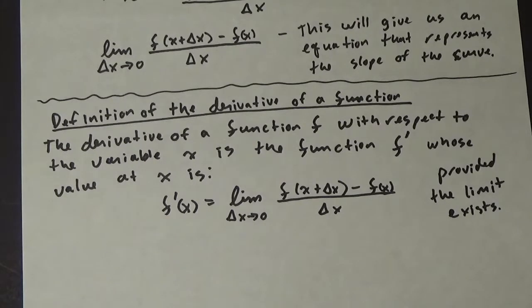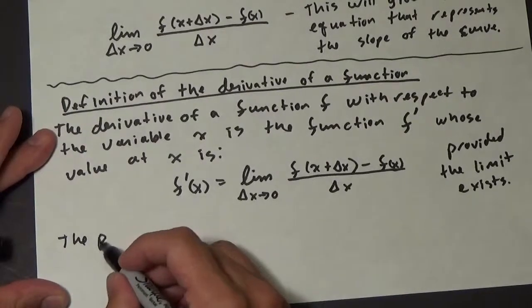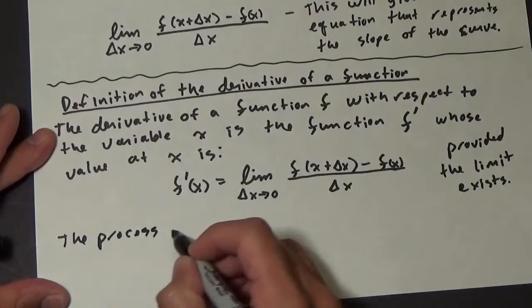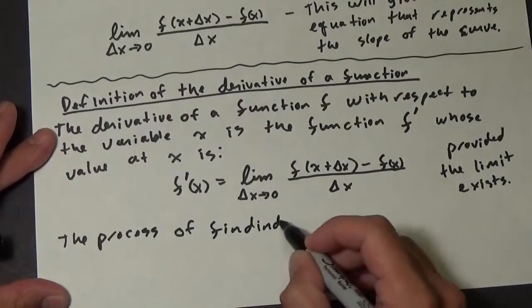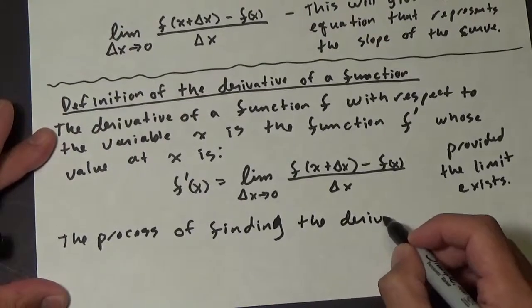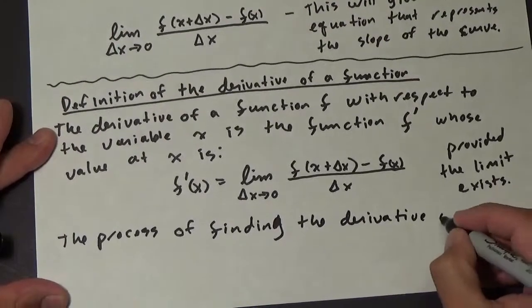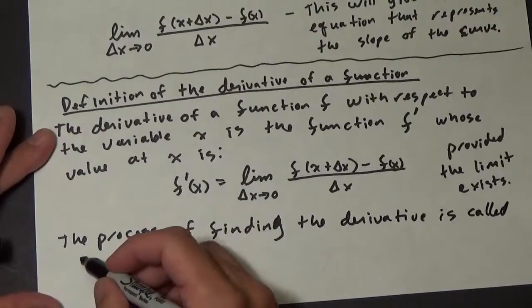The process of finding the derivative is called differentiation.